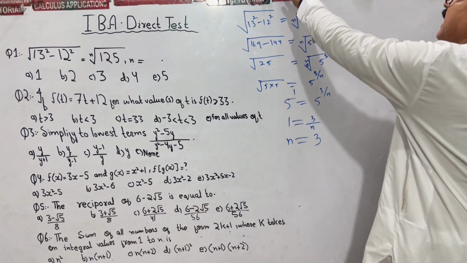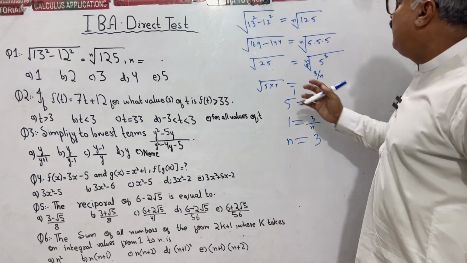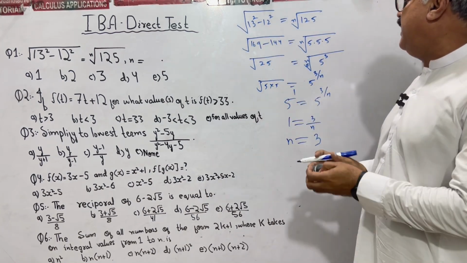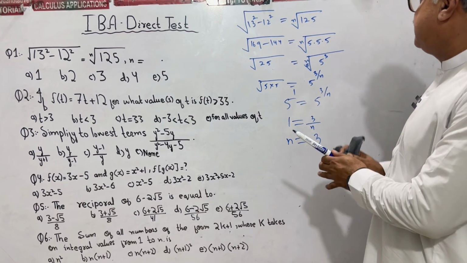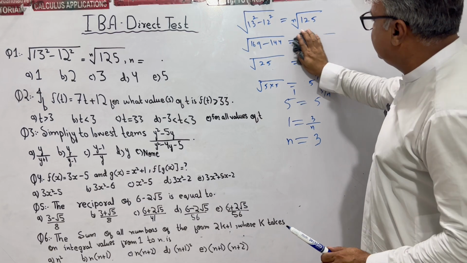Or one can adopt a simple strategy by factorizing this one like the difference of two squares, (a minus b)(a plus b). Then it is going to be simple enough. Let's see how. Let me erase this first.